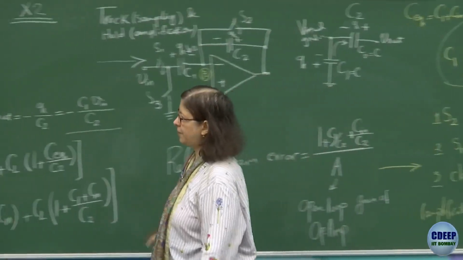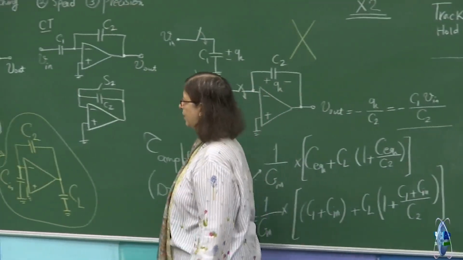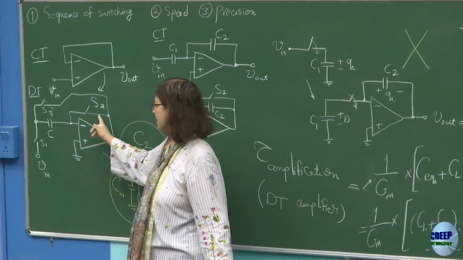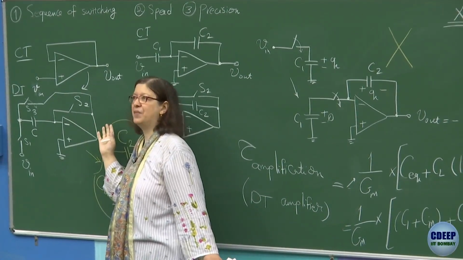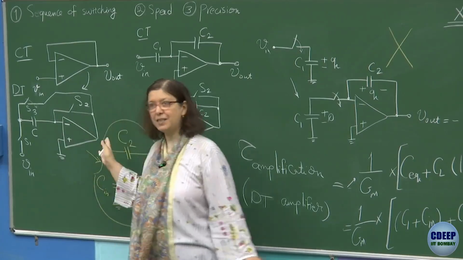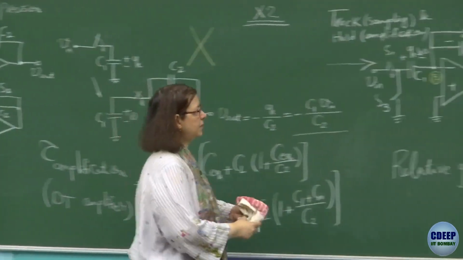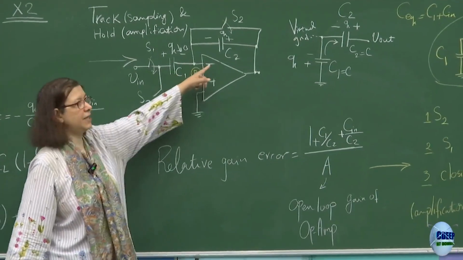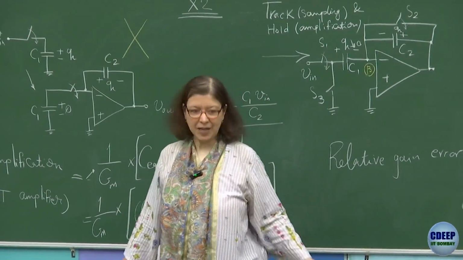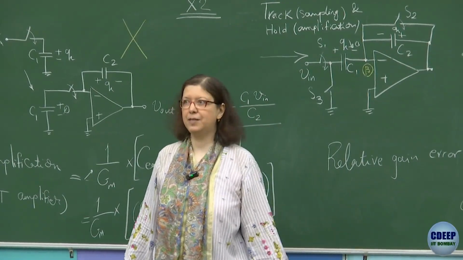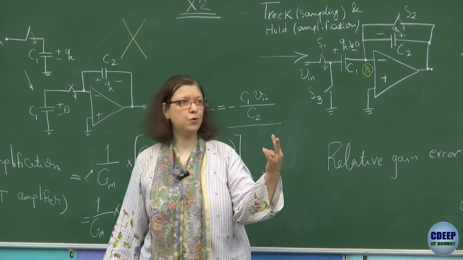So therefore, we would be able eventually to make a combination of the flip around, because in flip around we charge C, and then we put it in the feedback. So we charge C, we put it in the feedback, and then we use this discharging C1 into C2. So therefore, you will get actually gain of 2. And this is one of the common circuits in MDAC with gain 2.